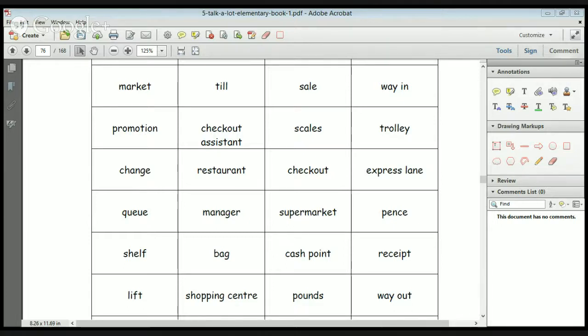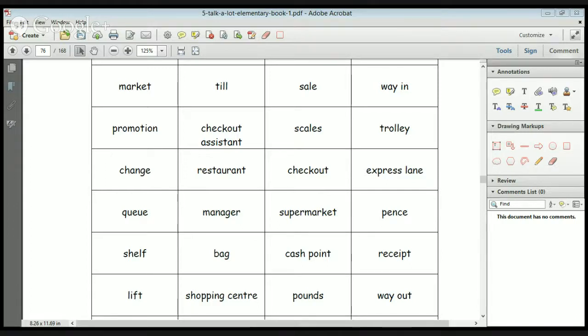And we don't have equal stress where each syllable is the same, like trolley, trolley. No, the stress is on the first syllable, trolley. I know it's stressed because the second syllable is a suffix, an ending. EY is a common ending in English, so it must be the first syllable that's stressed.